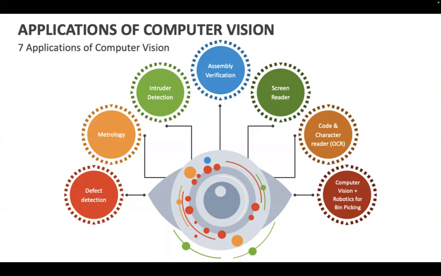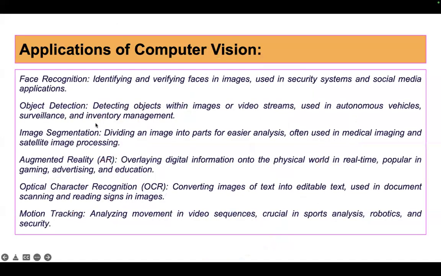That is possibly detected through computer vision, if we can build some such effective algorithms, effective models. Then intruder detection, assembly verification, screen reader, right? Screen reader is a very good example. Code and character reader, then robotics also. So there are different applications of computer vision.